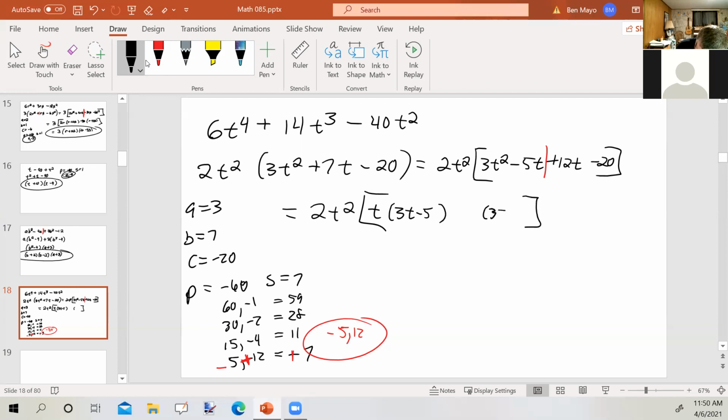So over here, 3t minus 5 and a plus 4, and that works. So now I've got 2t squared, 3t minus 5, t plus 4. I've got a couple of binomial factors, but neither one of those is the difference of two squares, so that should be it.